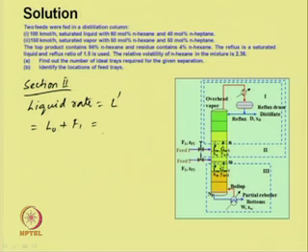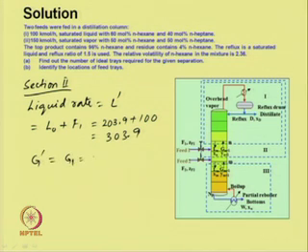So, the total flow rate would be 203.9 plus 100 which is equal to 303.9, and the gas rate would remain the same, G dash would be G1, that is in section 1, which is 339.8.